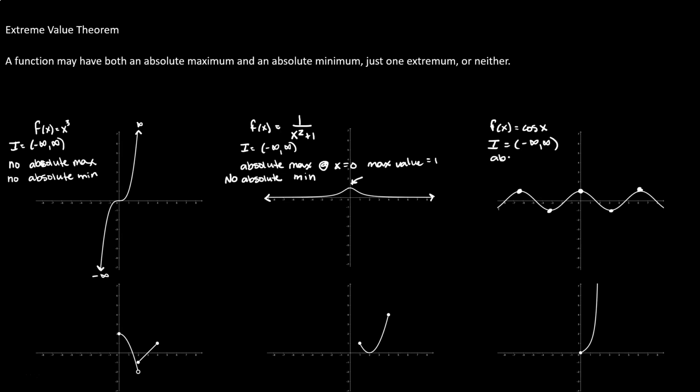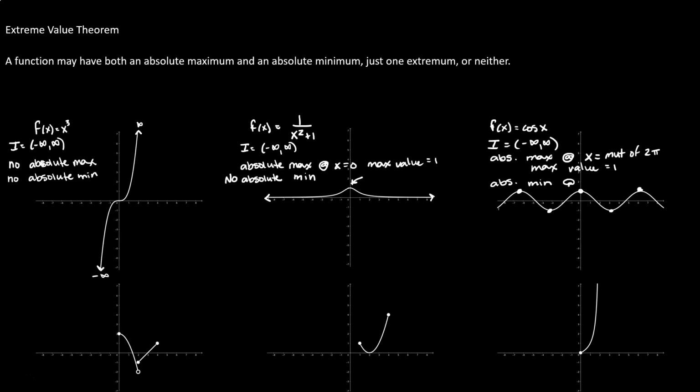So we have our absolute max at x equals multiples of 2 pi. And then the max value is equal to 1. And then for the minimum, we have almost the exact same thing.